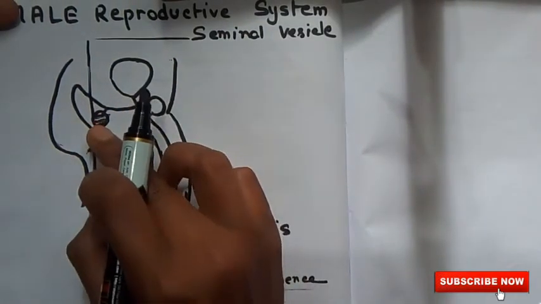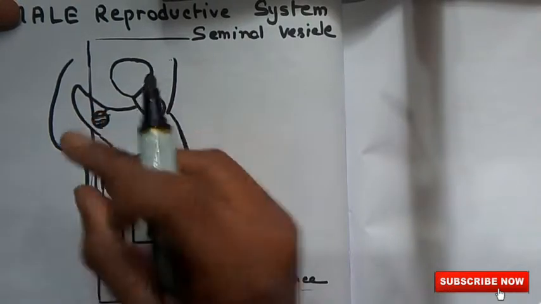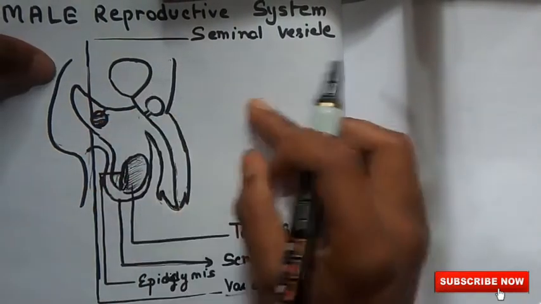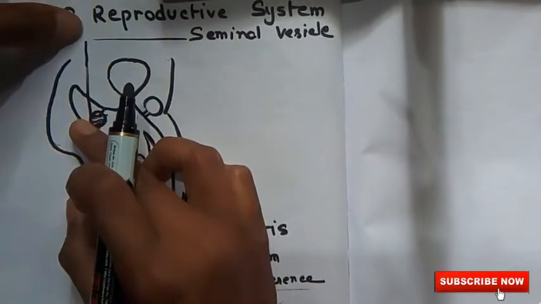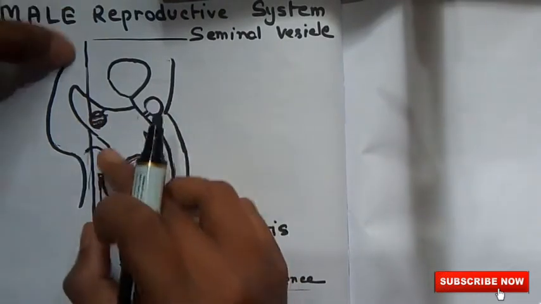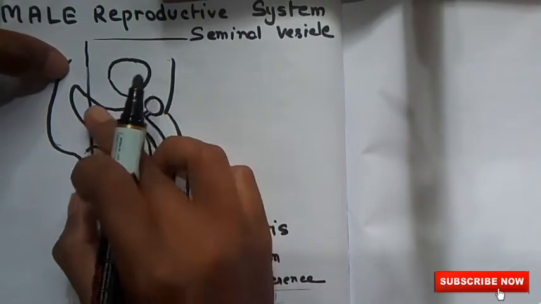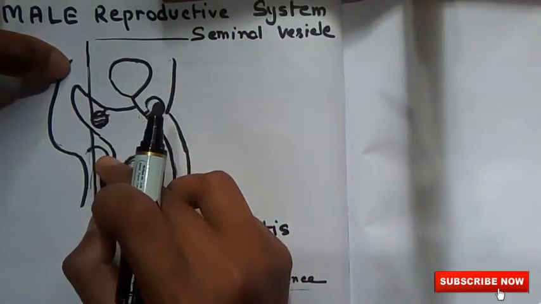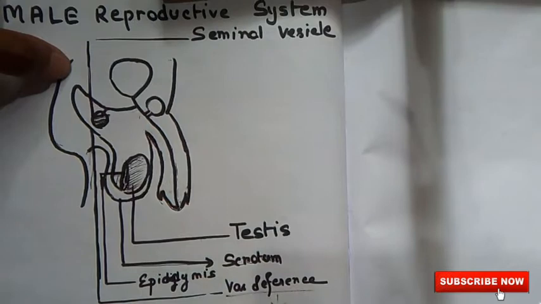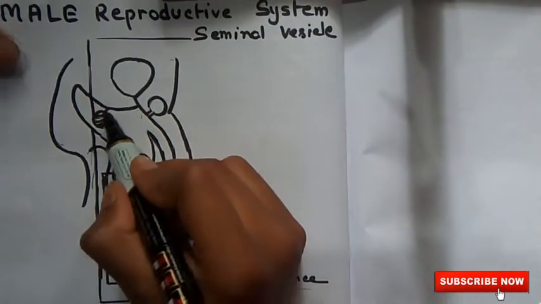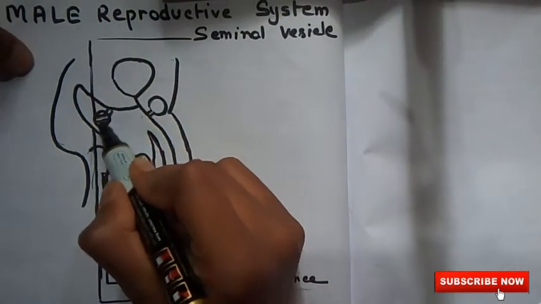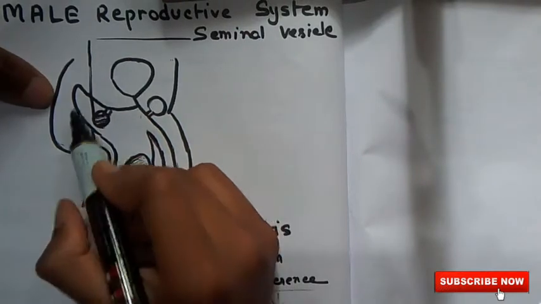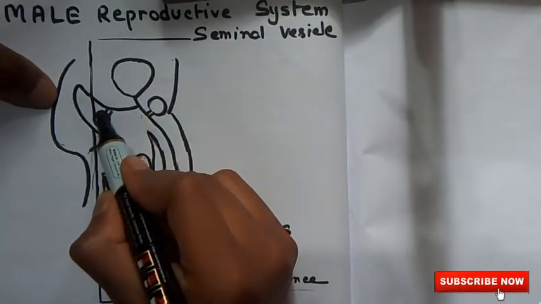It secretes a liquid which acts like a medium for the transport of sperm or the male gamete. The seminal vesicle is connected with the vas deferens with a duct.